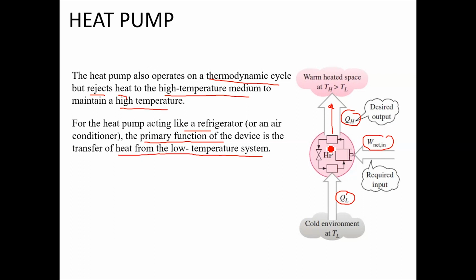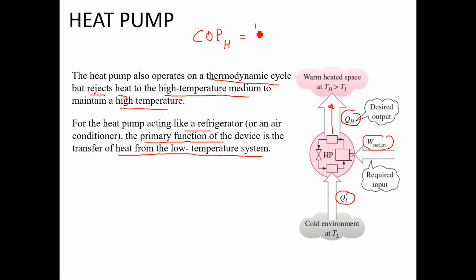So can you identify how would you assess the coefficient of performance?